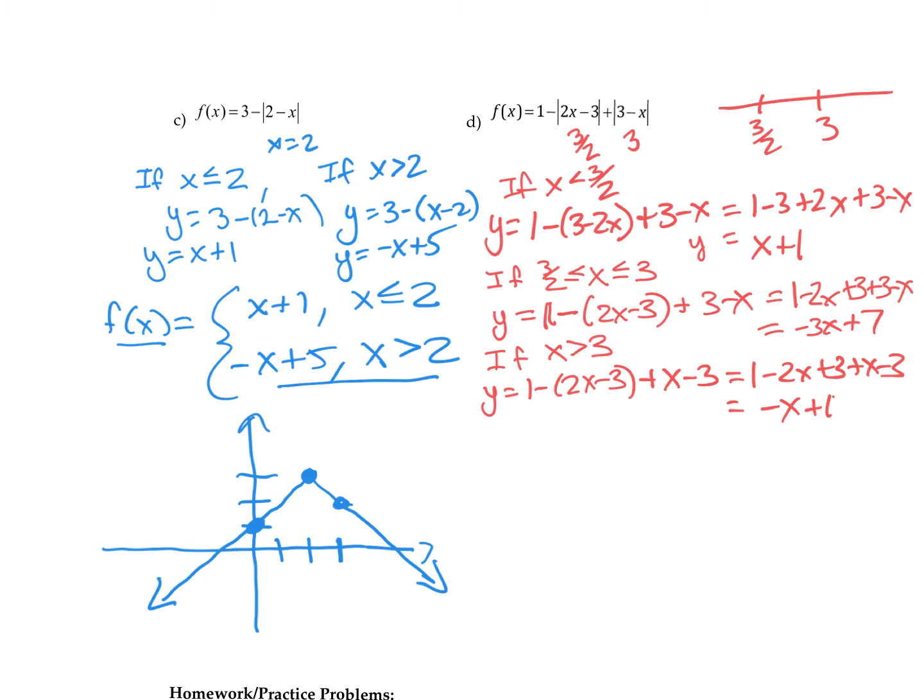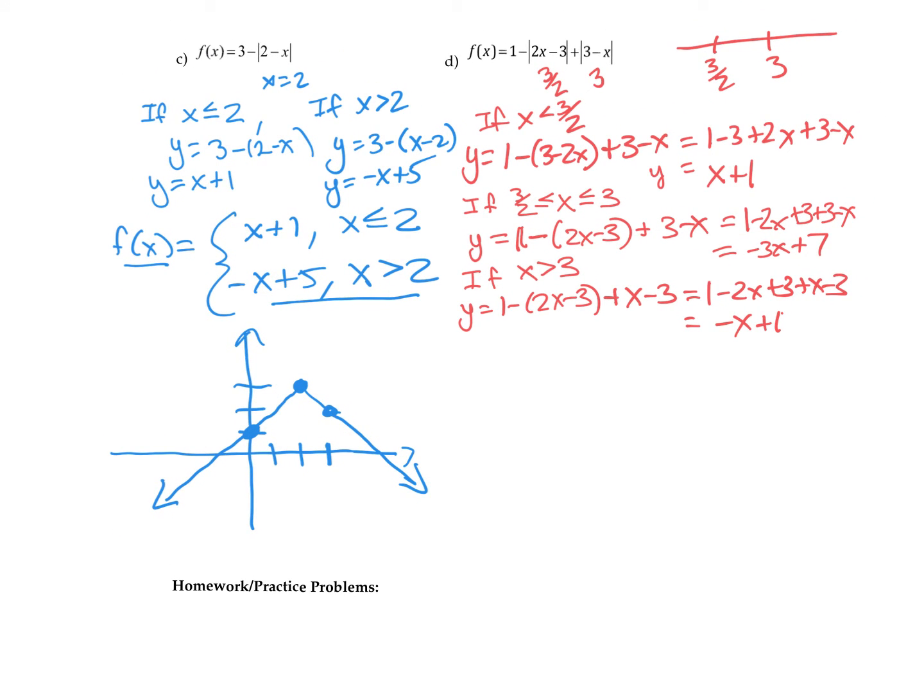Yeah, okay. So now let's put this all into nice, neat piecewise function notation, because I don't want to go on a hunt to find the different pieces and the equations that go along with them. So f of x equals x plus 1 when x is less than 3/2.